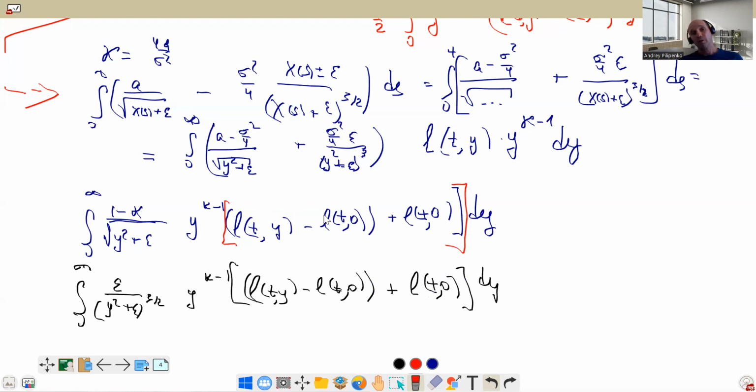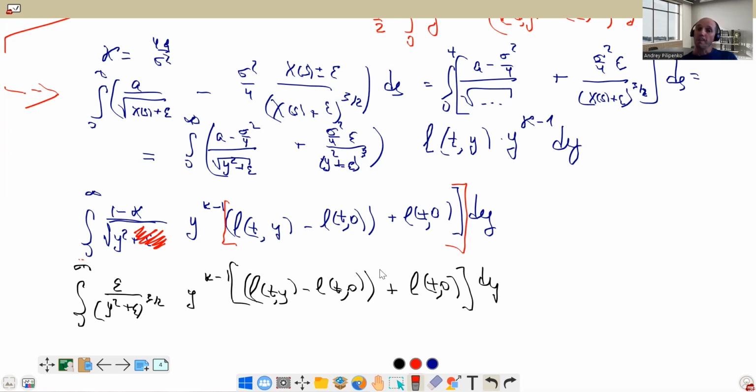Let us start from the first integral, and the limit will be just the integral of this. I use some asymptotics of this L small and the Lebesgue dominated convergence theorem. So the limit of the first integral is just this.